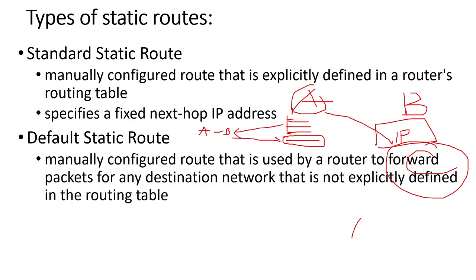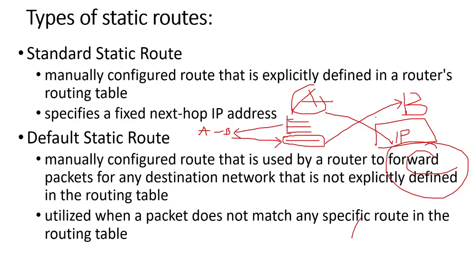So the router uses this routing table entry to forward it to the next hop IP address. This is utilized when a packet does not match any specific route in the routing table.